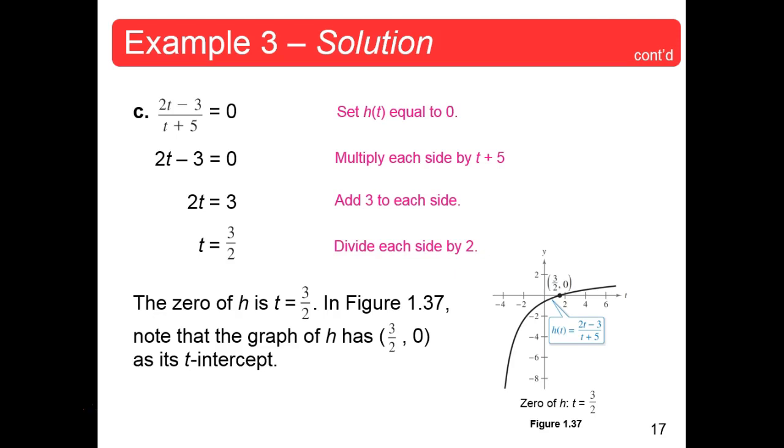And what you have here is a situation. Remember the first thing we did with this? The denominator can't be 0, and what did that produce? t is not equal to -5.